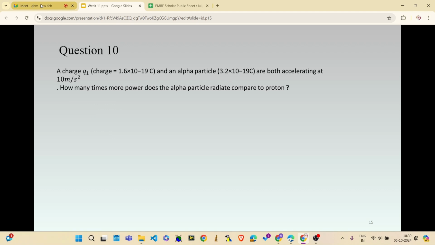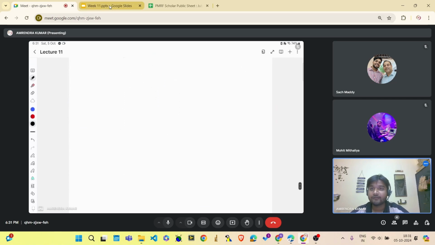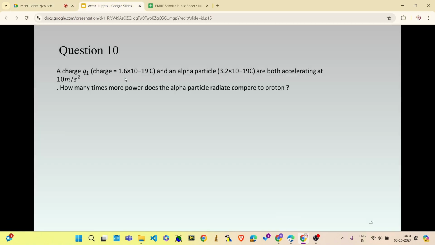The next question is: charges. Q1 has some charge, 1 coulomb, and 1 coulomb is equal to 1.6 into 10 to the power minus 19 C. And then there is this alpha particle.